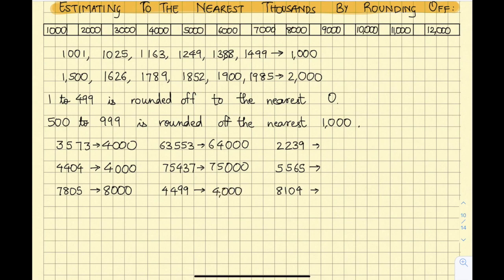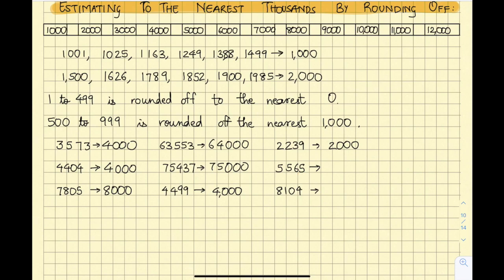Then we have 2,239. So this hundreds 239, also we round it off to the nearest zero. So that is 2,000. 5,565. So 565 is rounded off to the nearest 1,000. So 565 is in the category of 500 to 999.